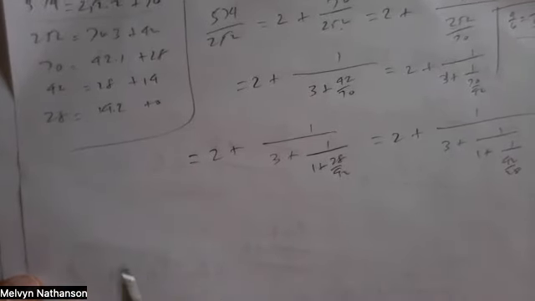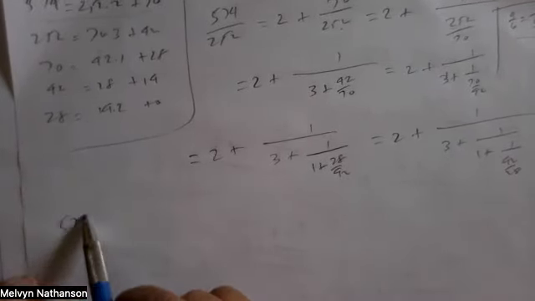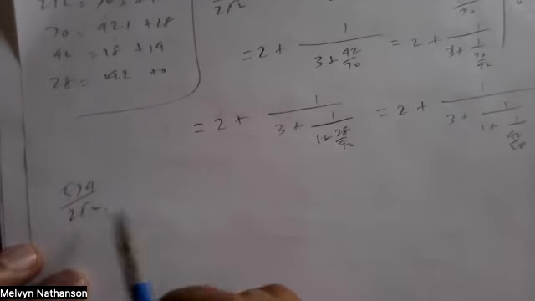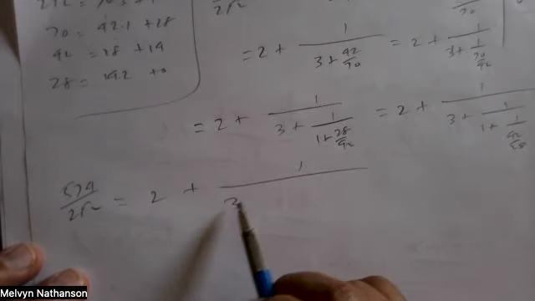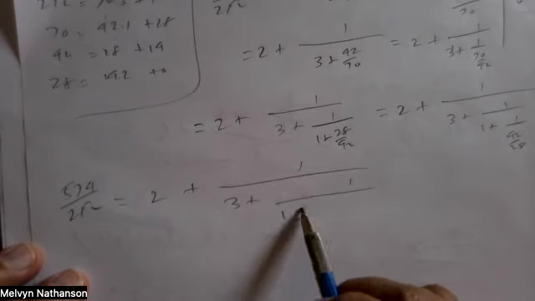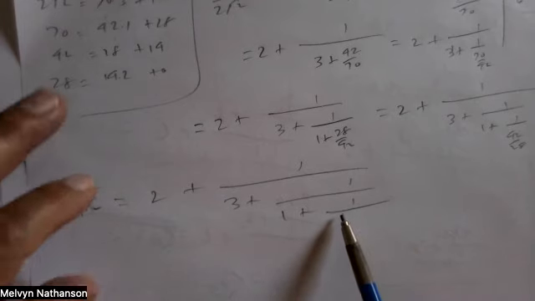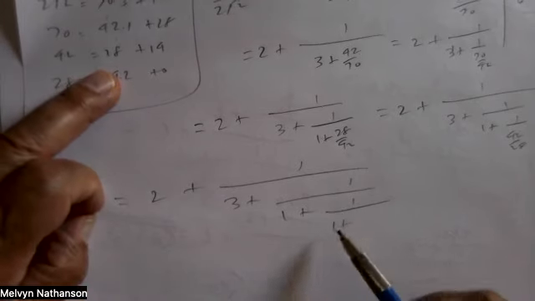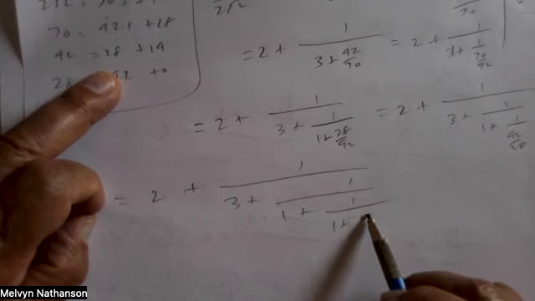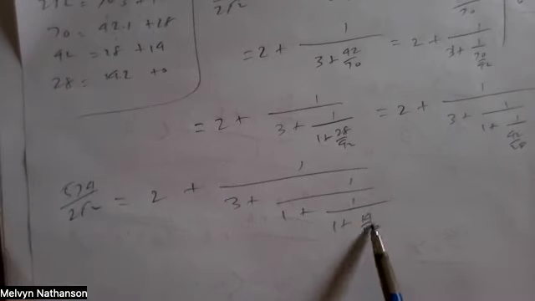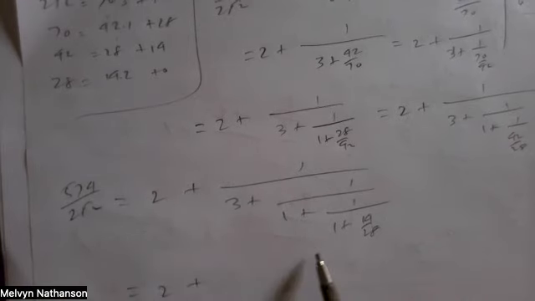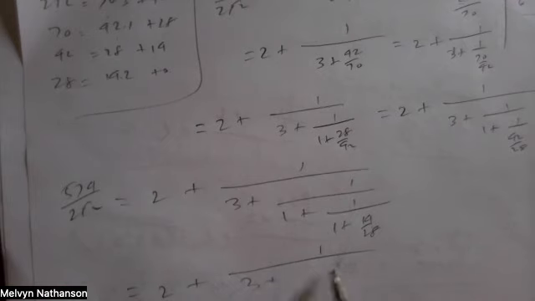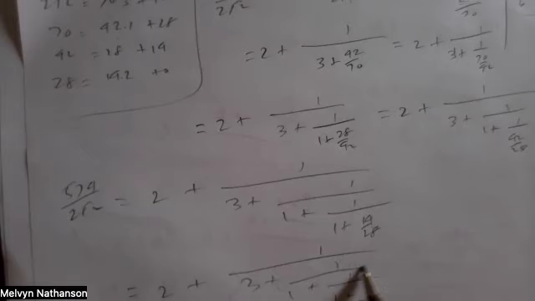So 574 over 252 is 2 plus 1 over 3 plus 1 over 1 plus 1 over, 42 over 28 is 1 plus 14 over 28, which is just a half. This is 2 plus 1 over 3 plus 1 over 1 plus 1 over 1 plus 1 over 2.